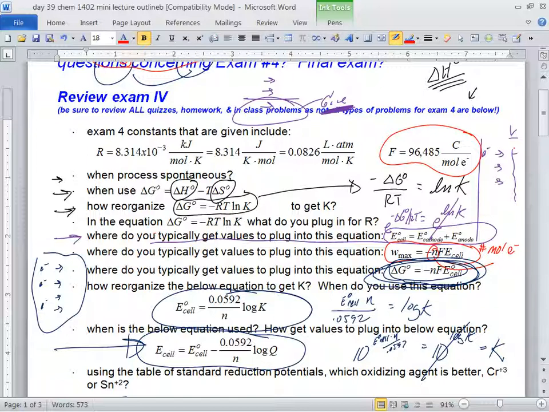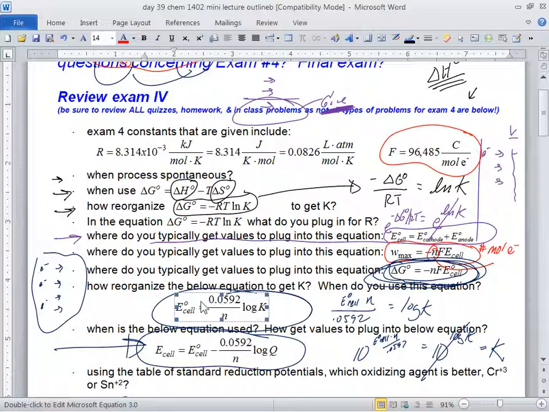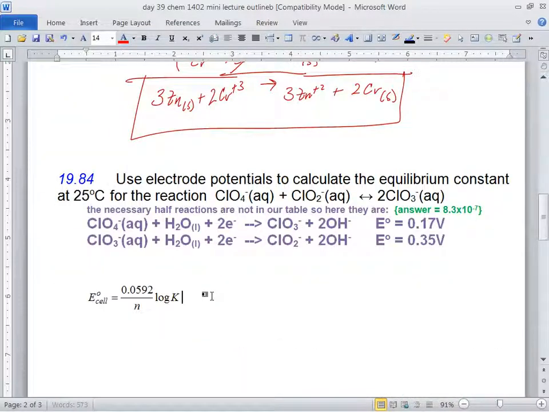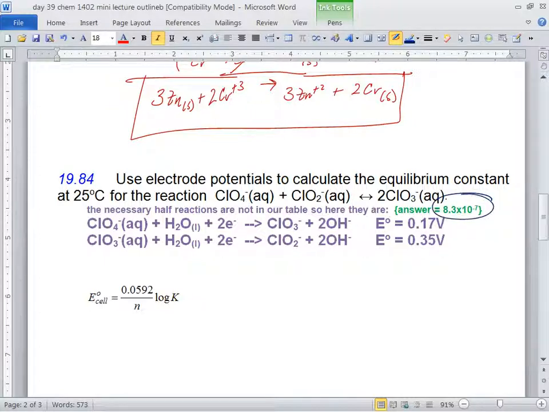Yeah, E cell and the log K. You need the equation with big K in it. See if you can figure out how to get everything in there. Substitute, solve for K. Hopefully you'll get 8.3 times 10 to the minus 7 when you're all done.